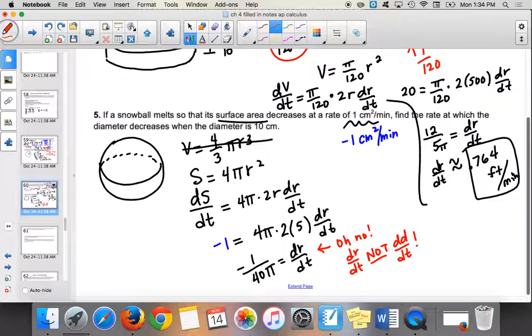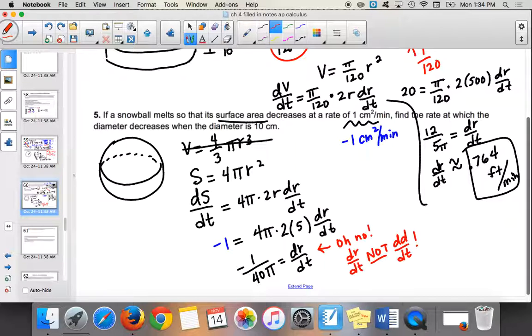And this will happen to you. You will have questions on your homework and your tests when you just start powering through the problem and you're like, oh, I'm getting it, and then, oh crap, I didn't find what I was supposed to find. That is totally fine. There's a way to fix it. This is why we call it related rates. Everything is related to other things. Our diameter and radius are related to each other.